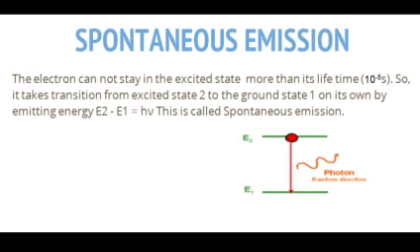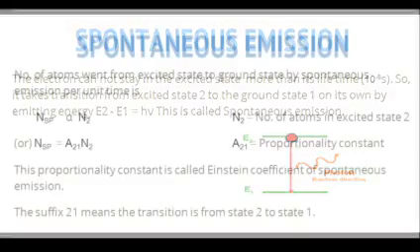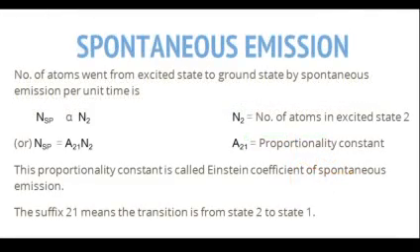In the figure, observe that the atom or electron in the higher energy level E2 transitions from E2 to E1, and then it emits a photon of h nu. This process is called spontaneous emission. The number of atoms going from the excited state to the ground state by spontaneous emission per unit time is NSP.